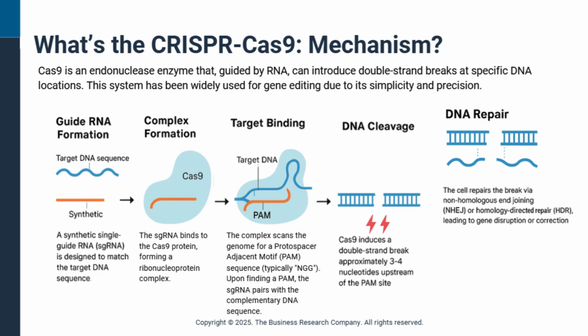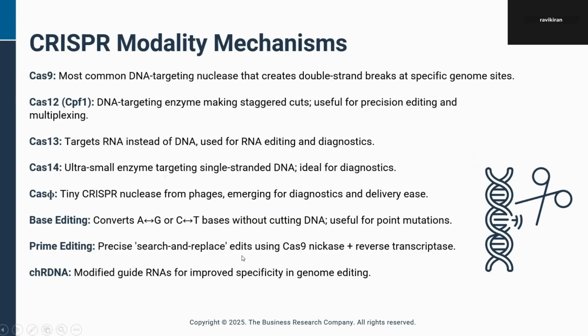The first generation being zinc finger nucleases, second generation being TALENs, and this is the latest third generation gene editing tool, which is most used because of the high sensitivity and high specificity of the CRISPR-Cas9 tool. As I explained, there are different modalities, means different types of CRISPR mechanisms based on the Cas enzymes.